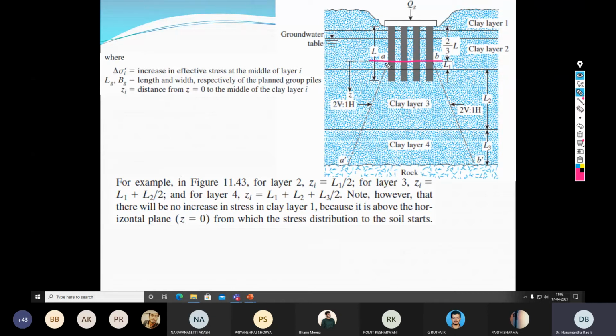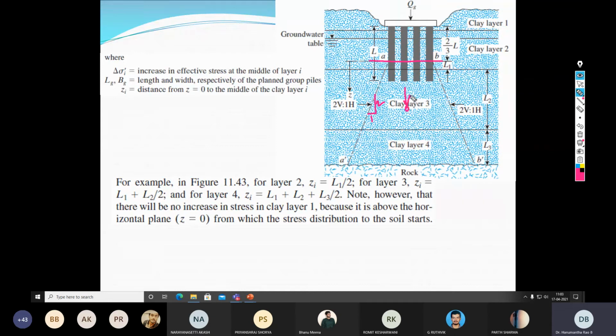Now, from the fictitious plane AB, you need to assume the load distribution spreading with a dispersion of 2 vertical to 1 horizontal, as is shown here. Depending upon your interest, suppose you want to determine the settlement at the middle of the clay layer.